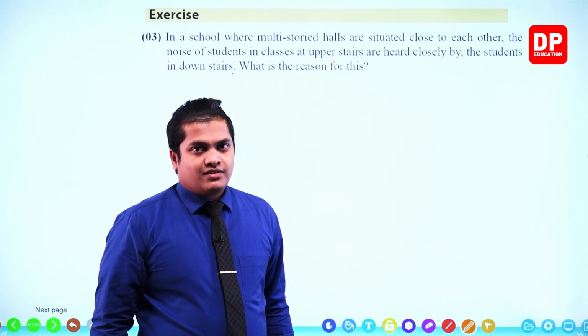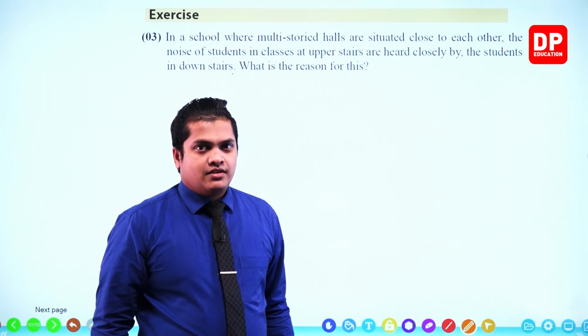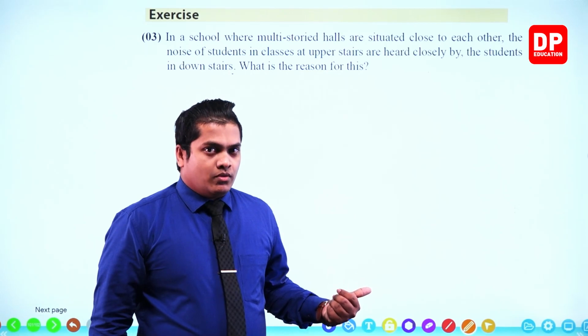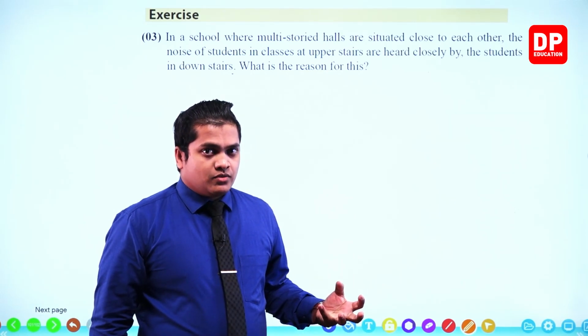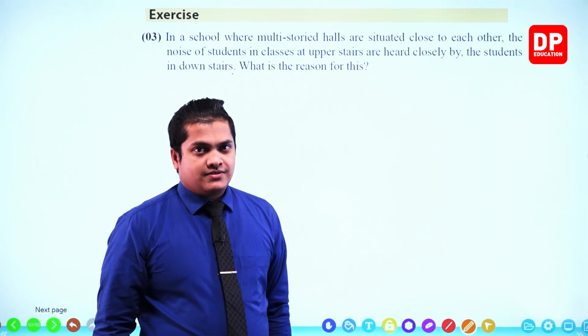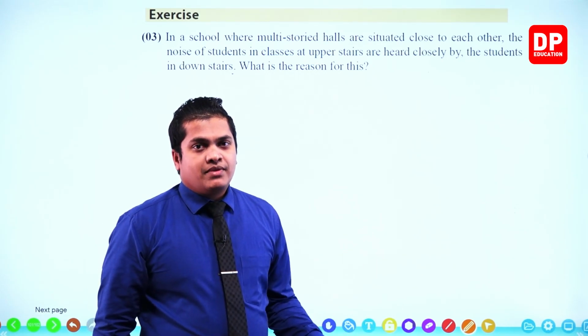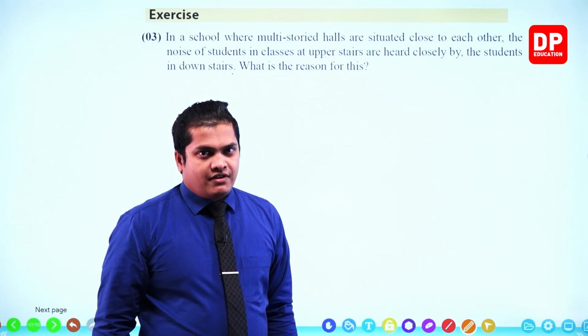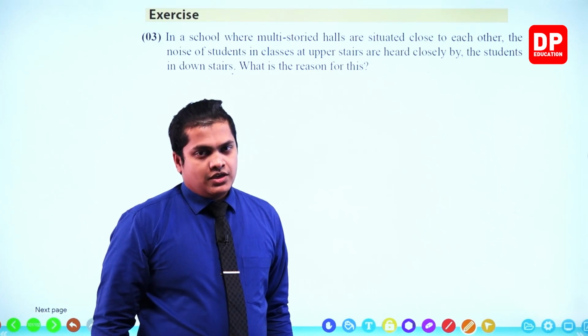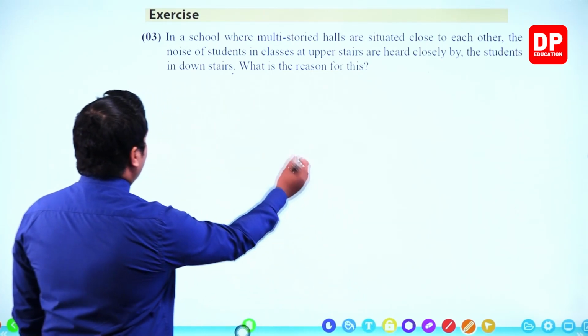So it can be clearly heard by the lower level students, right? The students shouting at the upper level are somewhat closer to those guys. So this is happening mainly because of the reflection of sound when it strikes the buildings. Okay, so we can write the answer.